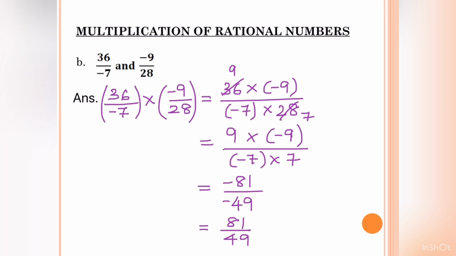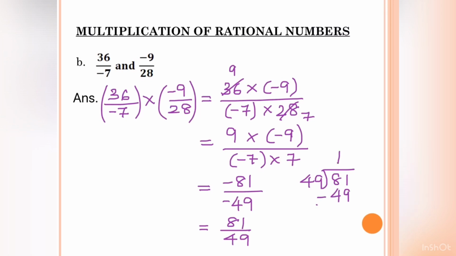Now, 81 by 49 is in improper form. So we will convert it into mixed form. 81 is divided by 49. 49 times 1 gives 49.